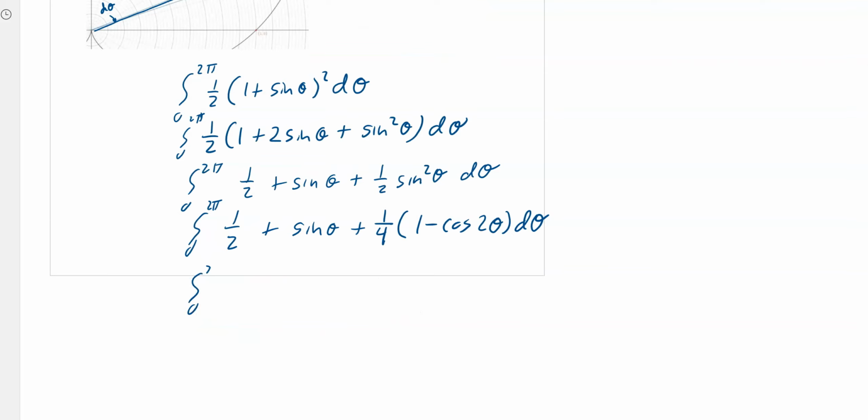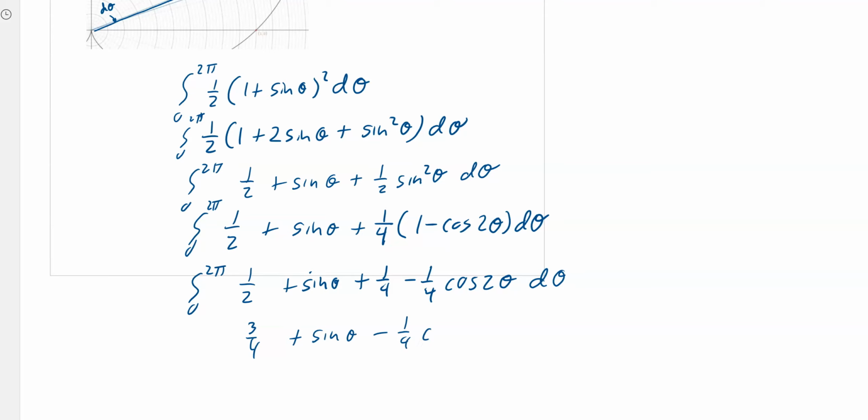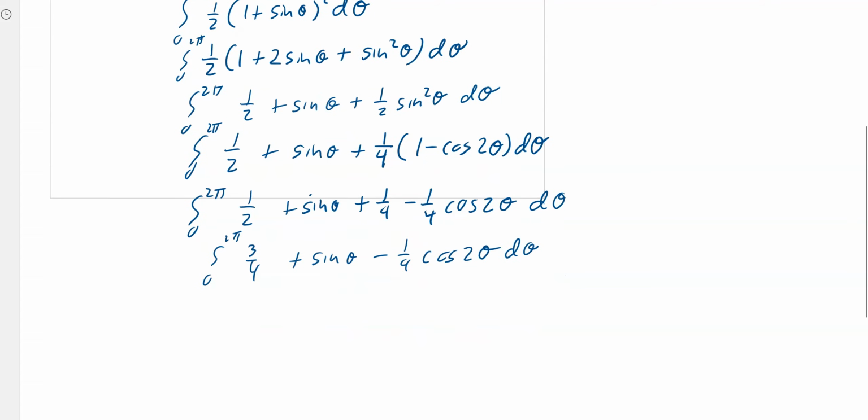Continuing along, we're going to plug this into our calculator, and it will verify everything is correct, since we're just trying to find the exact value. All right, so 1/4 and 1/2 makes 3/4, plus sine theta, minus 1/4 cosine 2 theta. Everything is simplified and brought together. So we end up with 3/4 theta minus cosine theta, since the integral of sine is negative cosine, minus 1/8 sine of 2 theta, from 0 to 2 pi.